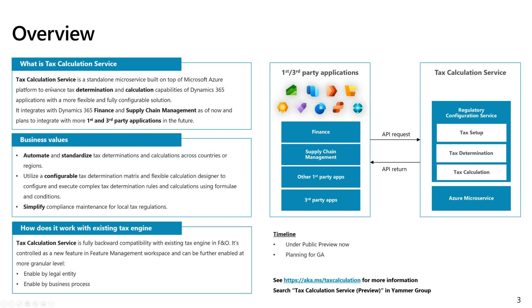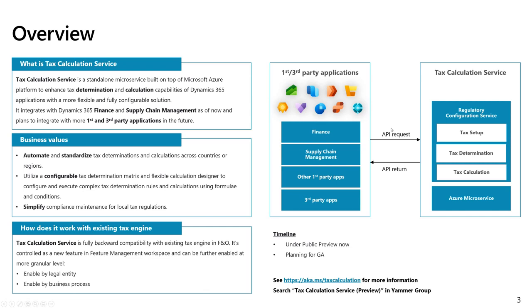So tax calculation service is a standalone microservice built on top of Microsoft Azure platform. And the tax calculation service focuses on the tax determination and the calculation part of the full life cycle of tax management. With this technical architecture, a microservice-based feature, tax calculation service can be available for multiple applications, not like the existing tax engine in FO.